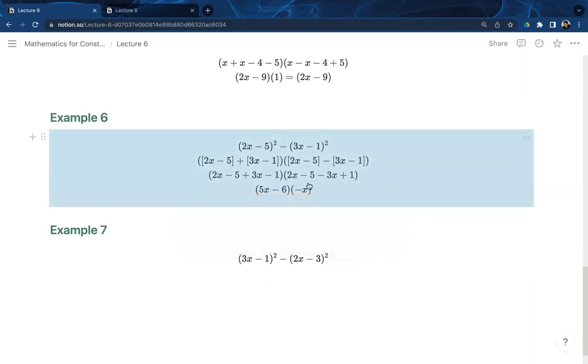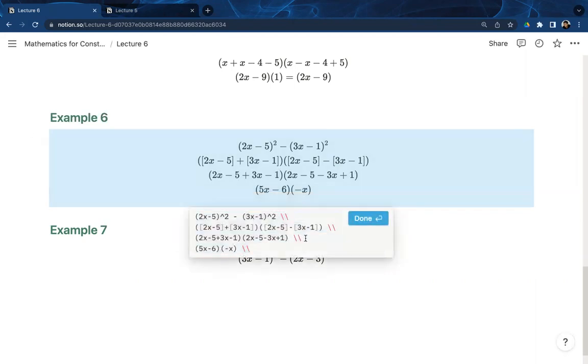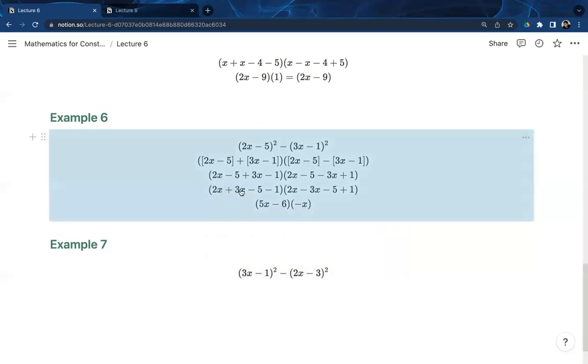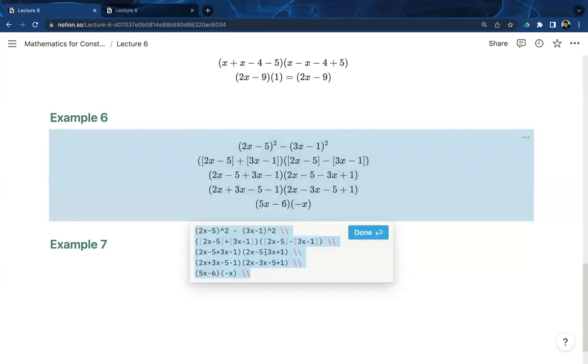Then I could collect together like terms so you all could see it. 2x plus 3x, and this is 2x minus 3x, right? So the 2x plus 3x is 5x, the minus 5 minus 1 is minus 6. 2x minus 3x is minus x, minus 5 plus 1 is minus 4.